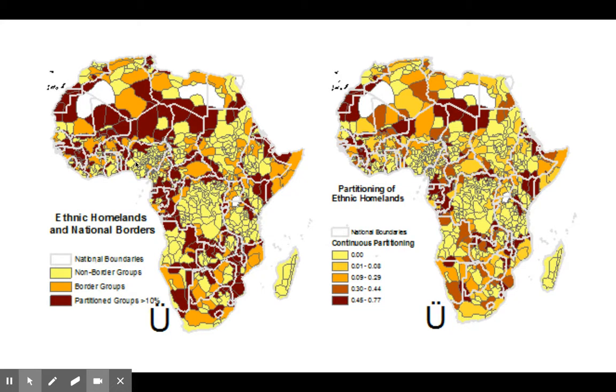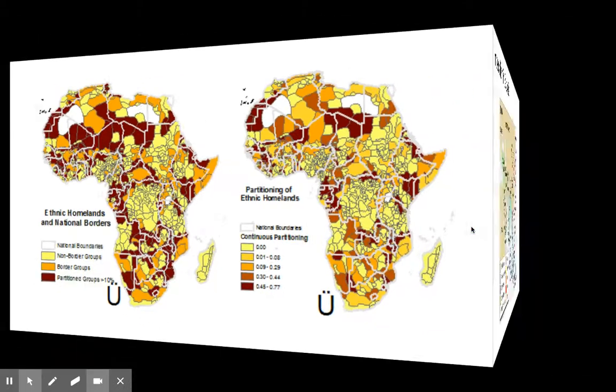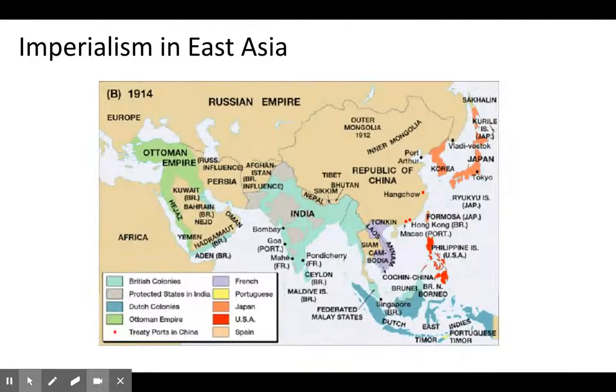You can see that there's tons of different ethnicities and different culture groups in Africa. But one of the problems that Africa has had to deal with in the modern era is that many of the boundaries of modern African states cut right through people who share a common ancient history, religion, language, and culture. And again, those reflect what the Europeans had set up.